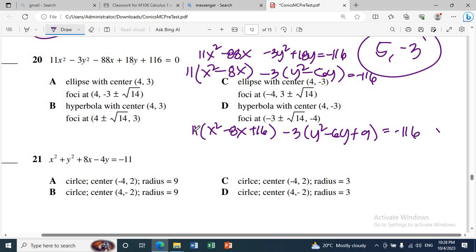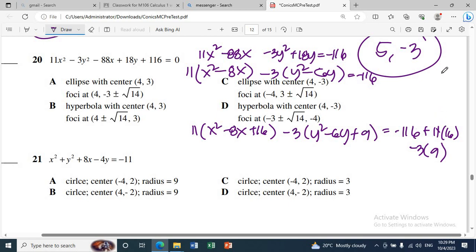And then we added 11 times 16. So this is plus 11 times 16, and then negative 3 times 9. Okay? Because we have to distribute, 11 times 16 is the value that we added to the left side. Same with negative 3 and 9.